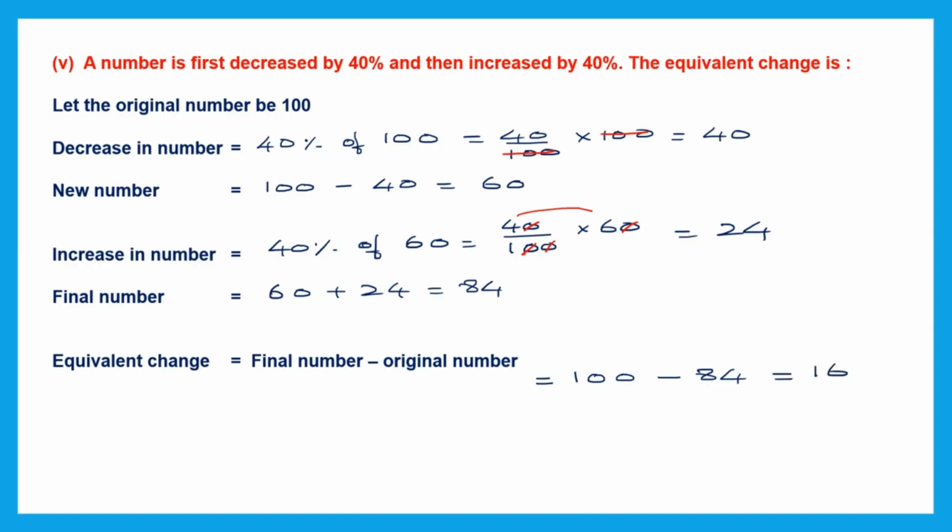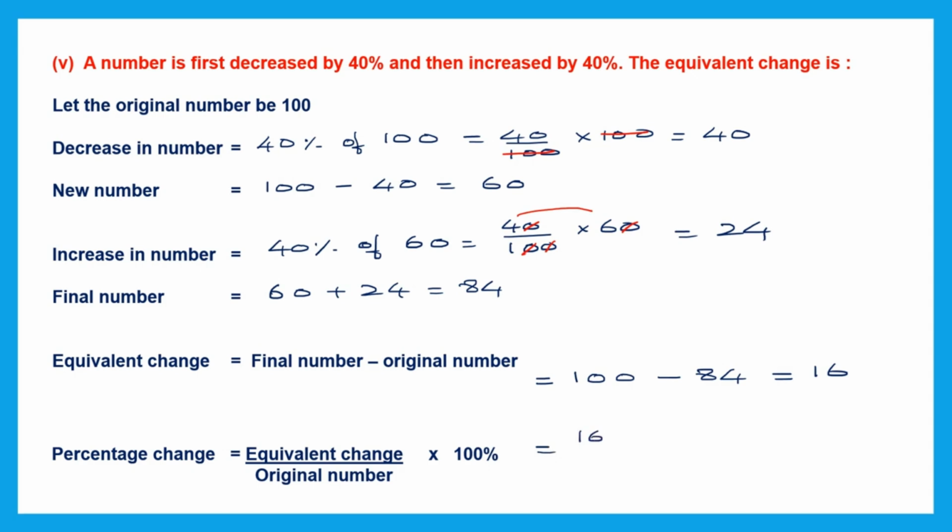And as we can see, there has been a decrease. Originally it was 100. Now finally it is 84. So from 100 it has decreased to 84. Now here, since we are given percentages in the options, let's find the percentage of change. So percentage change will be the change, that is 16, by the original number. So 16 divided by the original number, which is 100.